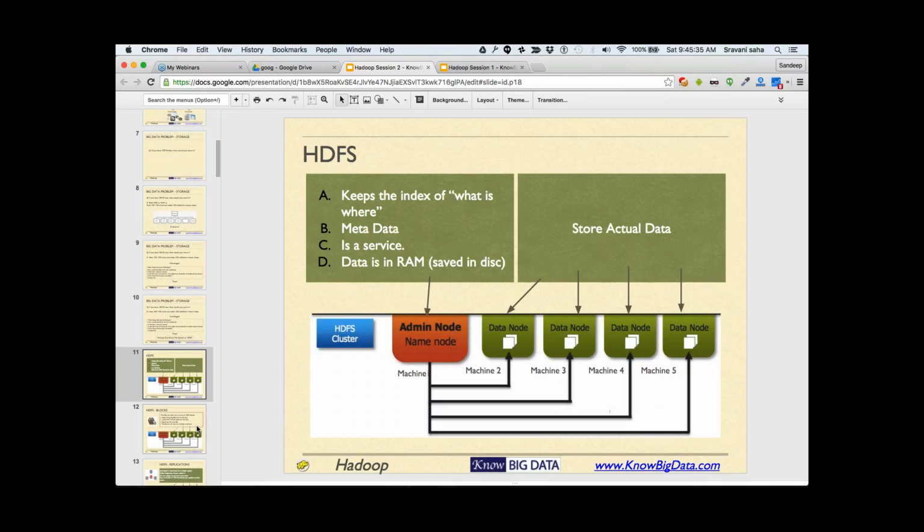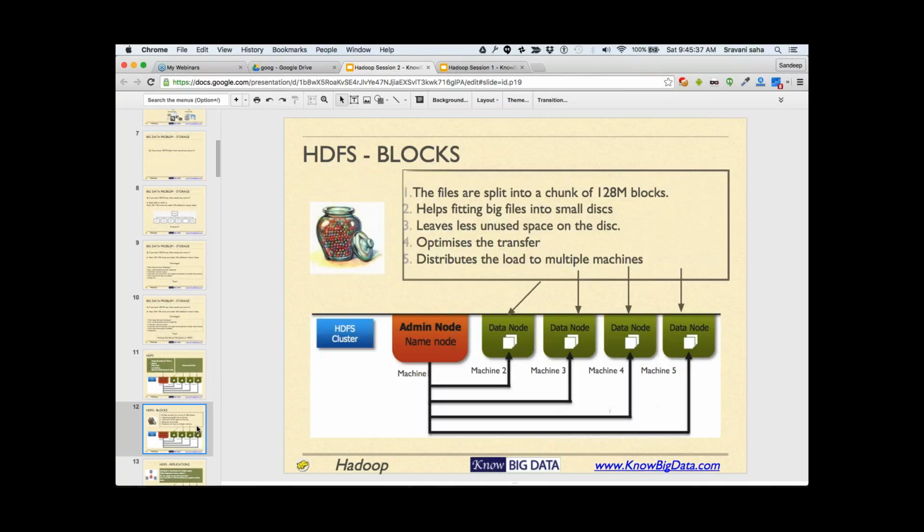All right. Now the data is broken down into blocks. Earlier the block size used to be 64 MB, but now it's 128 MB. So every big file is sliced into smaller files and distributed onto the data nodes.